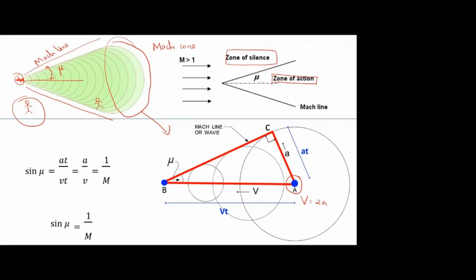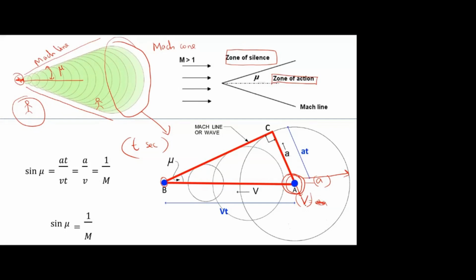The velocity is V and it emits pressure waves with a velocity a. After t seconds, I check where it moves and how the pressure waves are formed. The particle has moved from A to B after t seconds, and the pressure waves have moved from here to here.